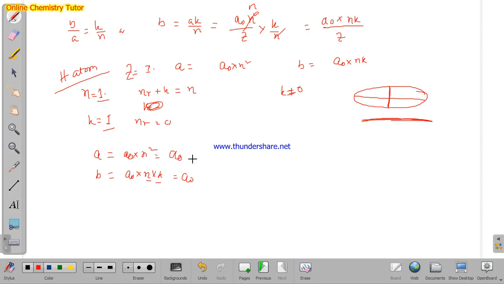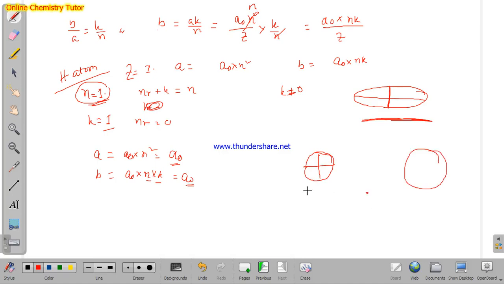So for n equal to 1, the value of a is the same as the value of b, and both are a0. So the major axis and minor axis will be the same. And what is the condition? The condition of a circle. So the first principal quantum number orbit, that is the K shell, is a circular orbit.